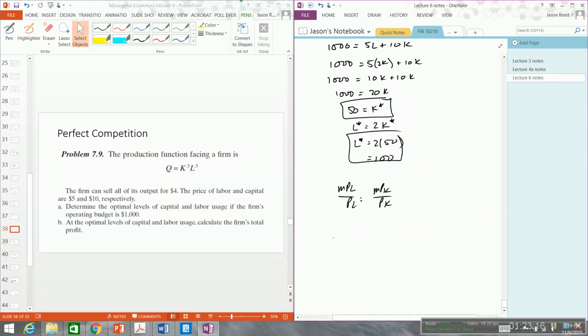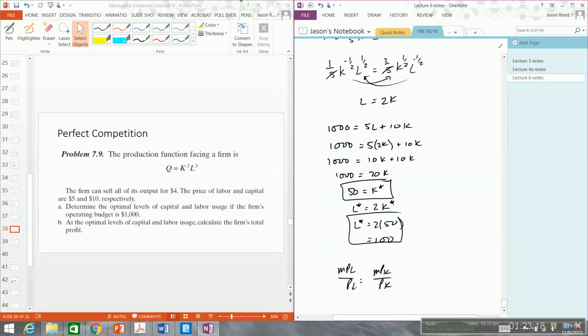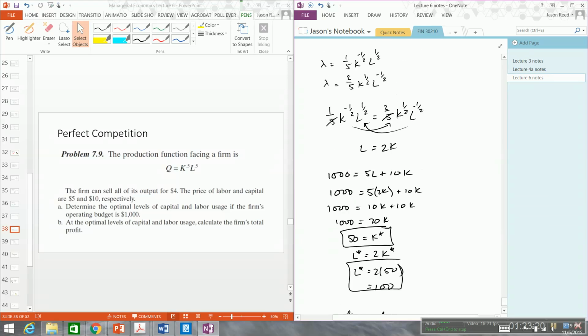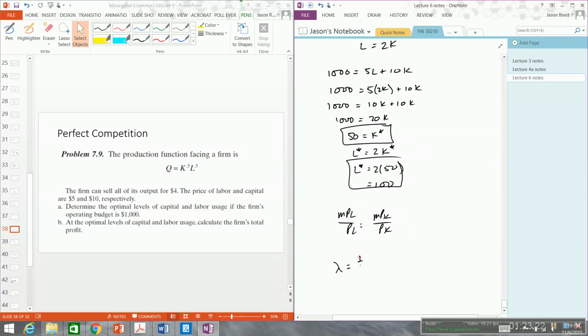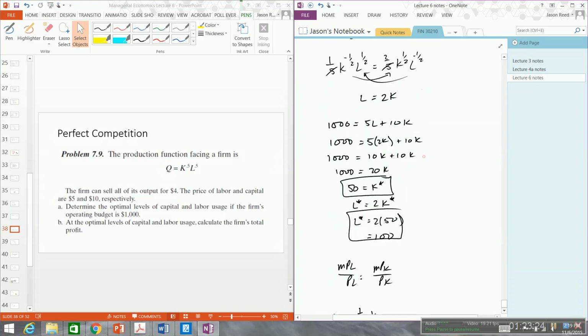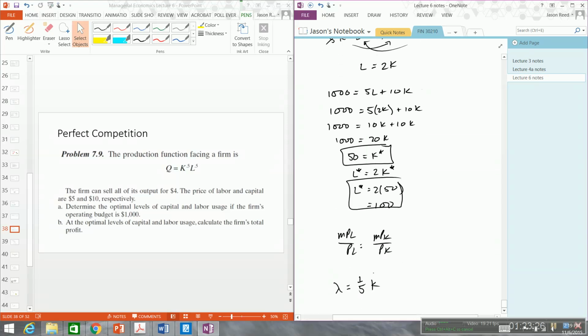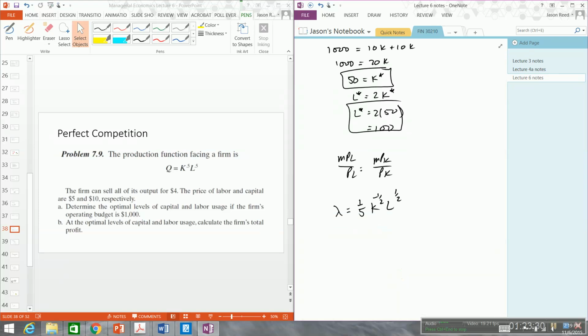And so now what we have is shadow price, which is equal to, we could do 1/5 K to the minus 1/2 L to the 1/2. So now we can do lambda is equal to 1/5 50 to the minus 1/2, 100 to the 1/2.